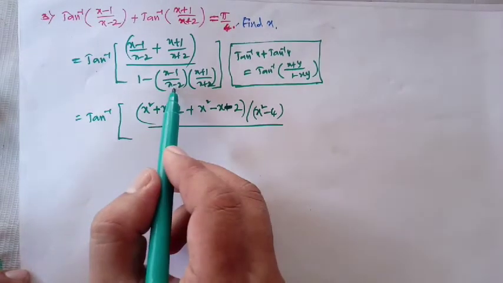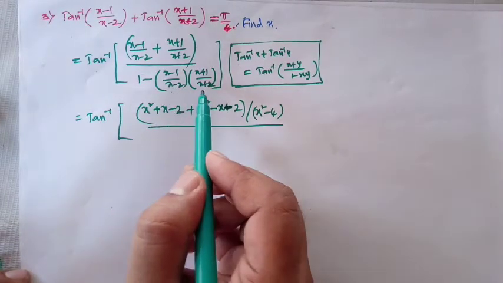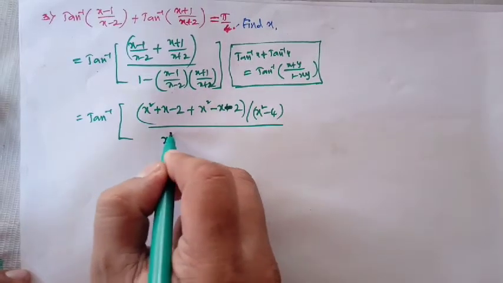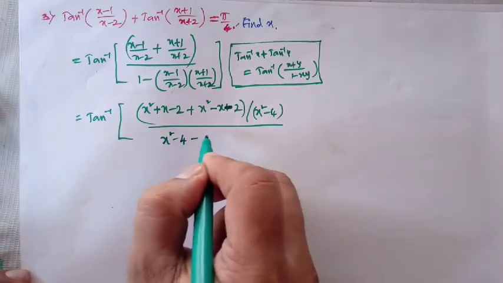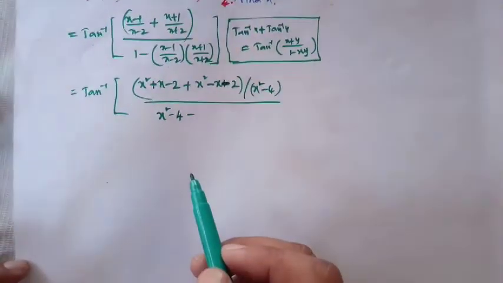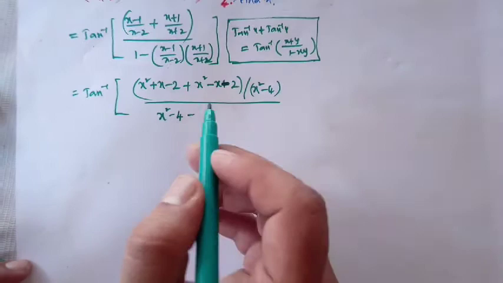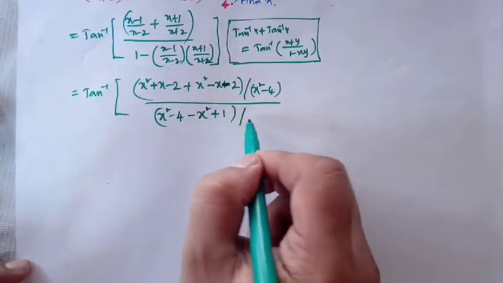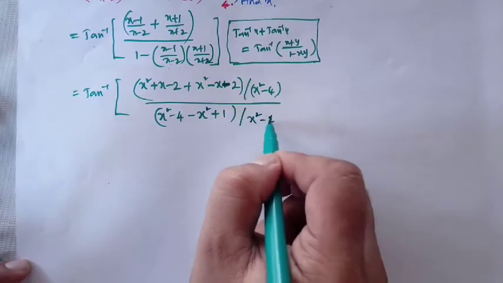(X minus 2) into (x plus 2) will become x square minus 4, x square minus 4 into 1, minus (x minus 1) into (x plus 1), which will become x square minus 1. X square minus 1 can be written as minus x square plus 1, divided by x square minus 4.